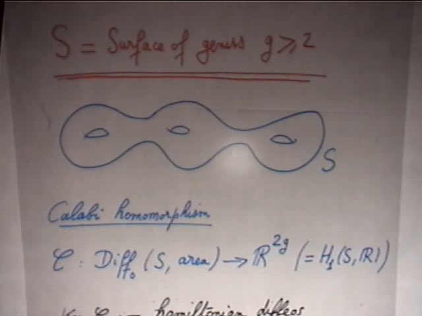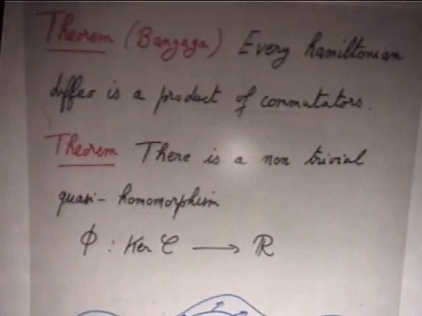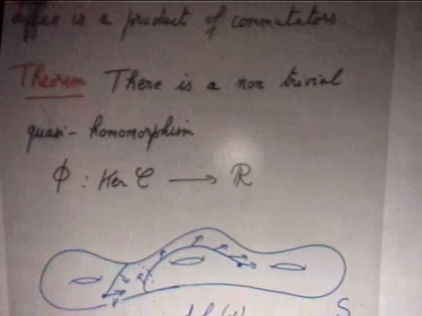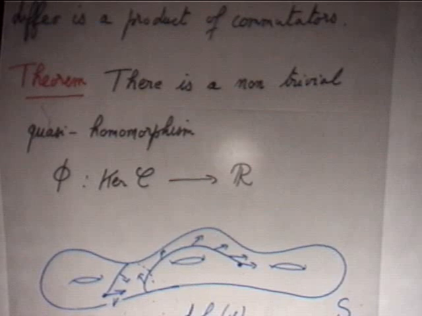Okay, and then you have this kernel, which is usually called the group of Hamiltonian diffeos of the surface. And again, we have this theorem of Banyaga that any Hamiltonian diffeomorphism of the surface of higher genus can be written as a product of commutators. And again, but this is more difficult now, and I'm going to explain to you in a moment how to do it. Again, it is possible to define a quasi-homomorphism from this kernel to R.